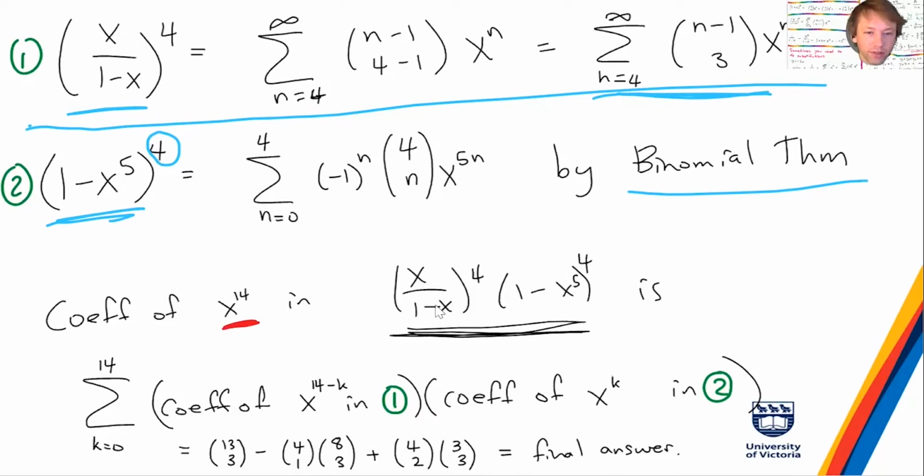In the first expression you take the exponent of 14 minus k, and you multiply that by the coefficient of x to the k in the second, and you do that for k equals 0 up to 14.